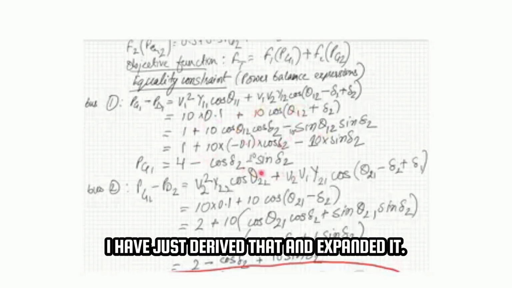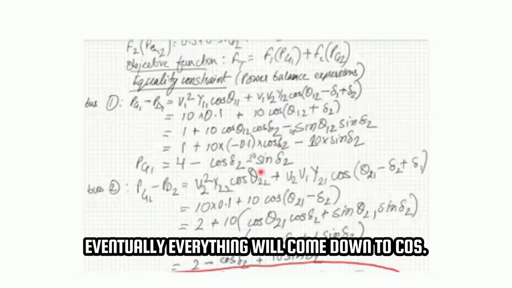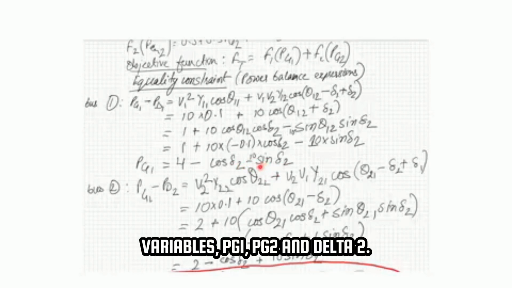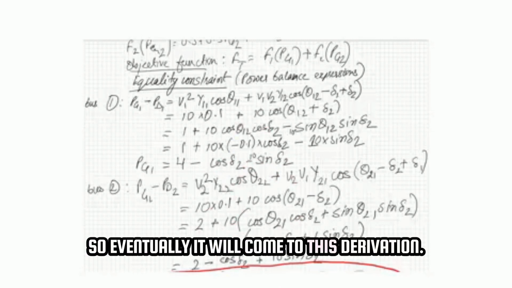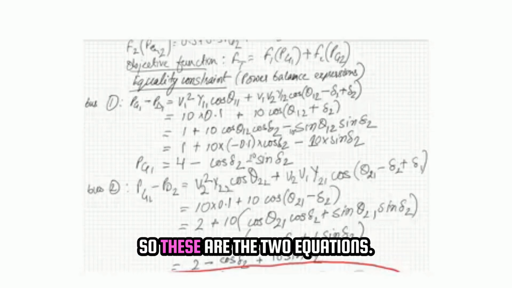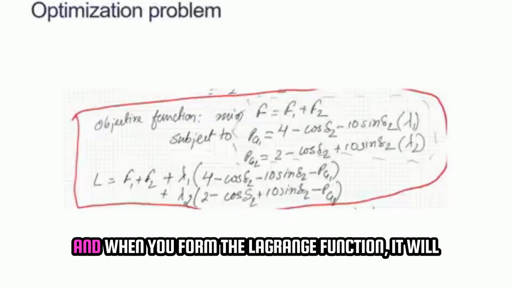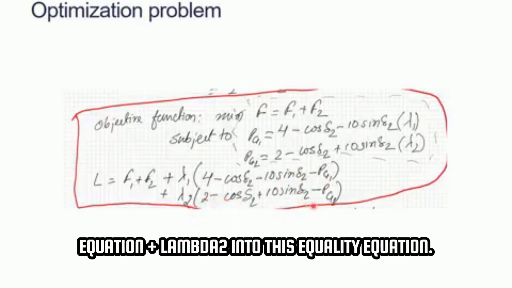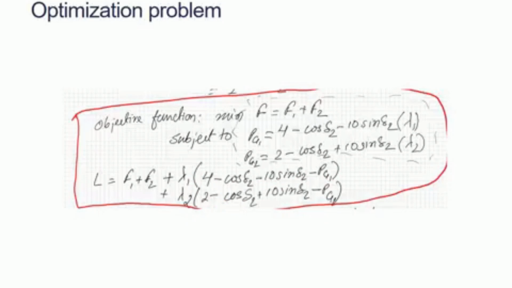I have just derived that and expanded it. Eventually, everything will come down to cos, because there will be only three variables: PG1, PG2, and delta 2. So eventually, it will come to this derivation. So these are the two equations. When you form the Lagrange function, it will be f1 plus f2 plus lambda 1 into this equality equation plus lambda 2 into this equality equation.